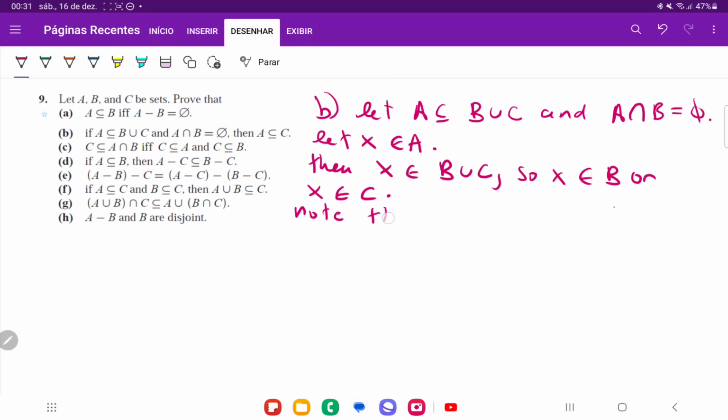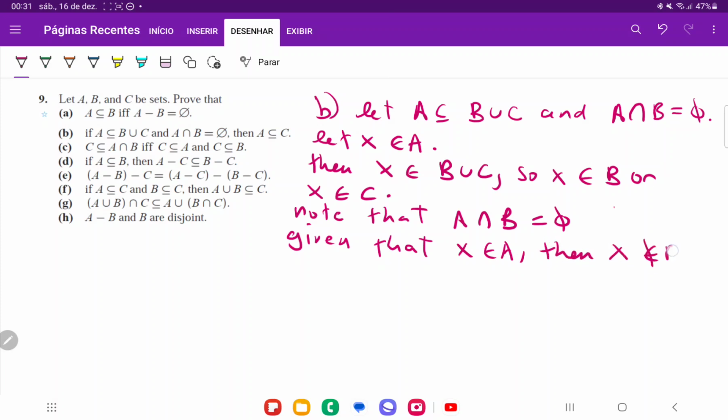Note that A intersection B is empty. Actually maybe I'll write this a different way. Given that X belongs to A, then X cannot belong to B because the intersection there is empty, right?